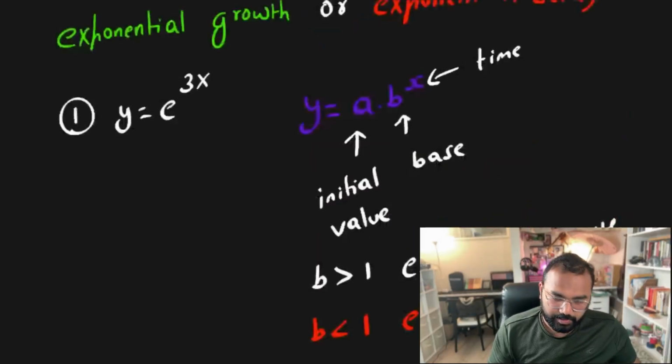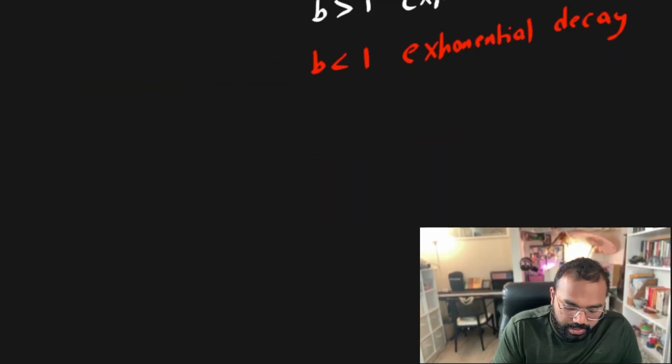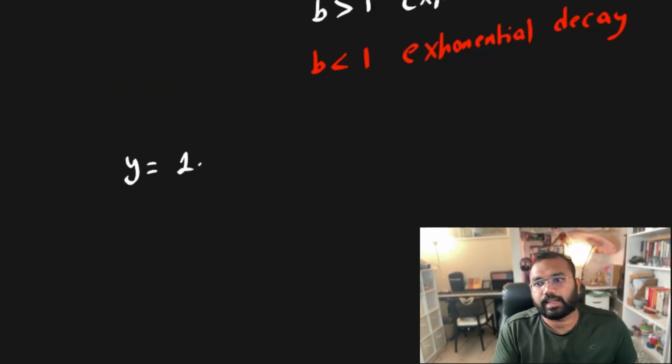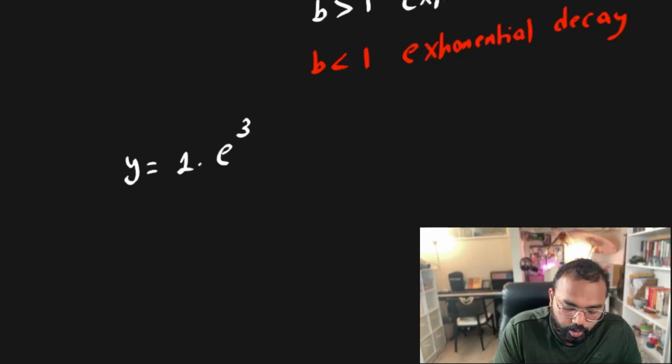So in this problem, y equals e to the power of 3x. The initial value is 1 because there is nothing in front of your e. So initial value is 1 and b is e cubed, whole to the power of x.